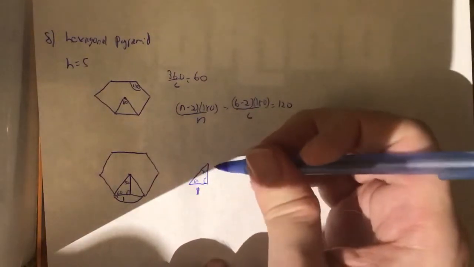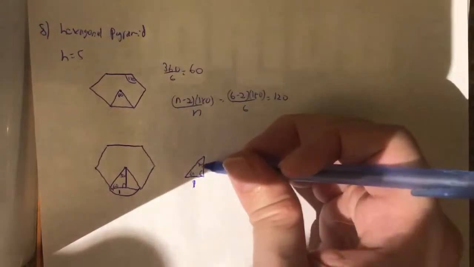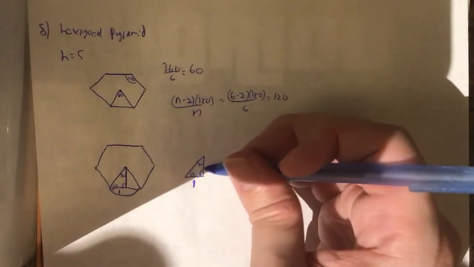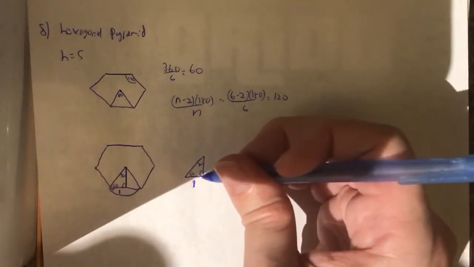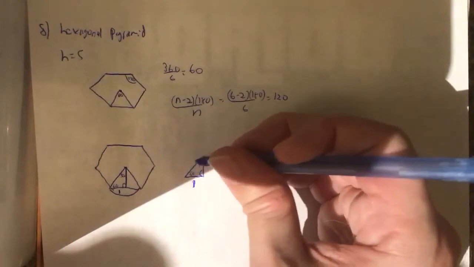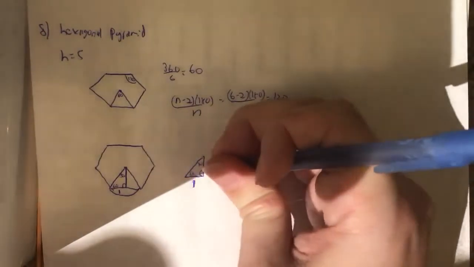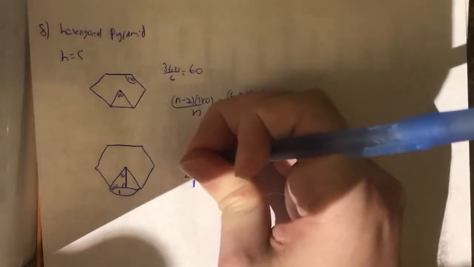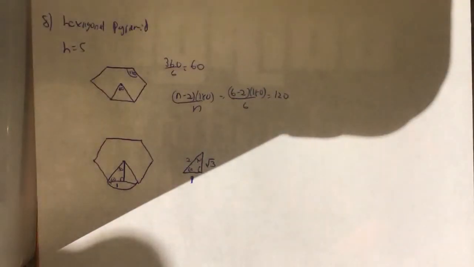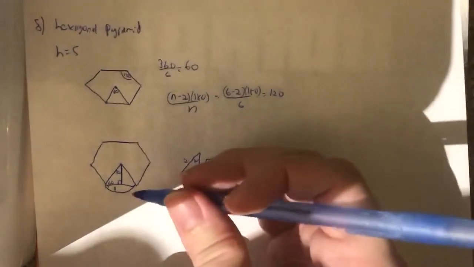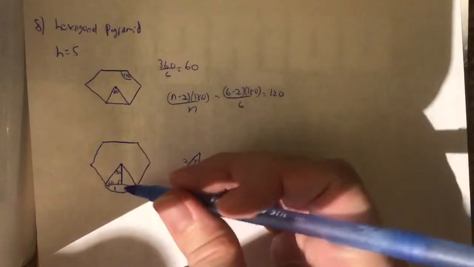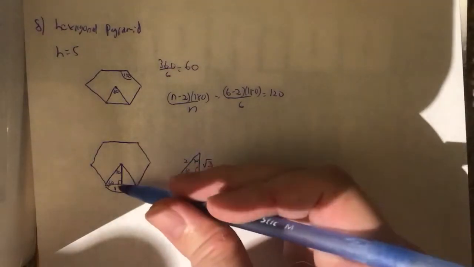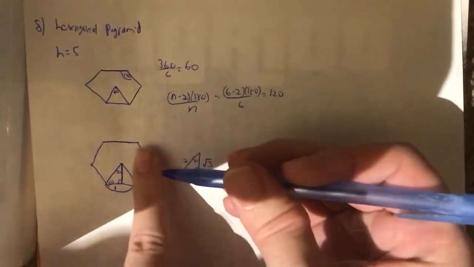And remember, with a 30, 60, 90 triangle, the side opposite 30 is x, the side opposite 60 is x root 3, and the side opposite the 90, the hypotenuse, is 2x. So if this is 1, this side is root 3, this side is 2. So now I know what the height of this tiny triangle is.